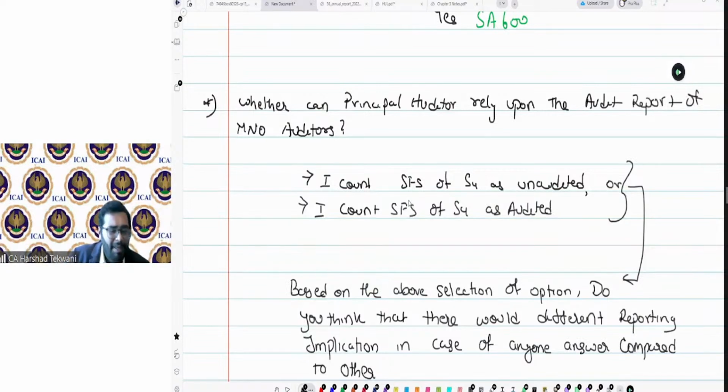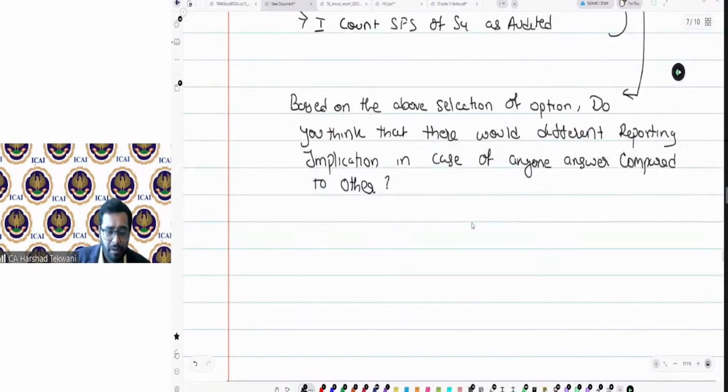In other words, let's say for example, if I select audited, do you think it will have a different reporting implication compared to if I select unaudited? Do you think it will be shown differently in the report based on audited and unaudited? If yes, then where?